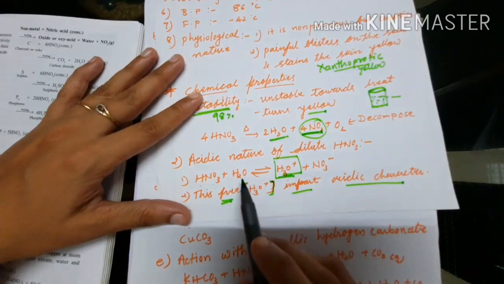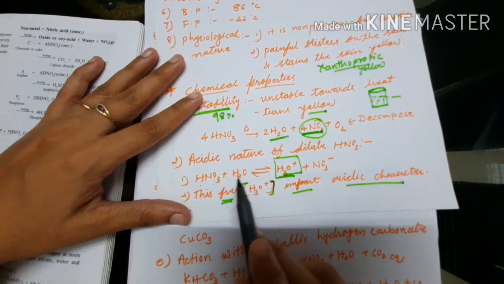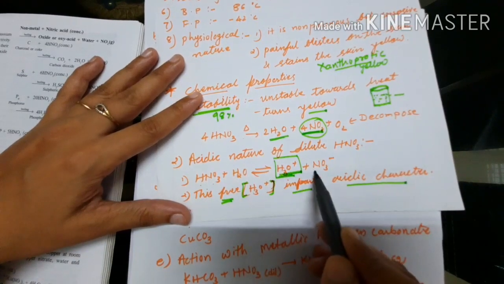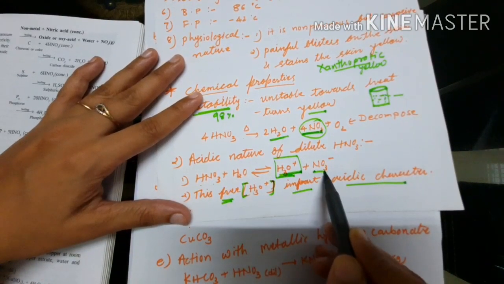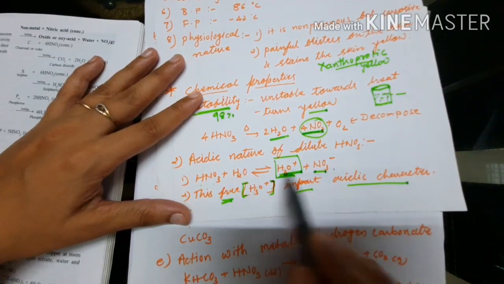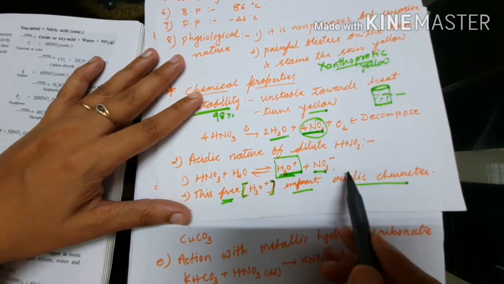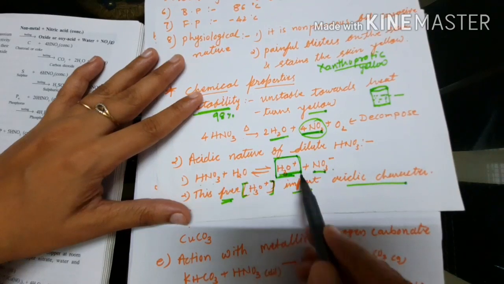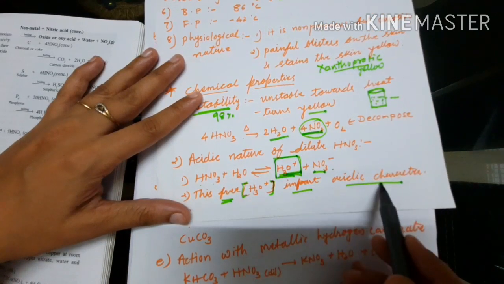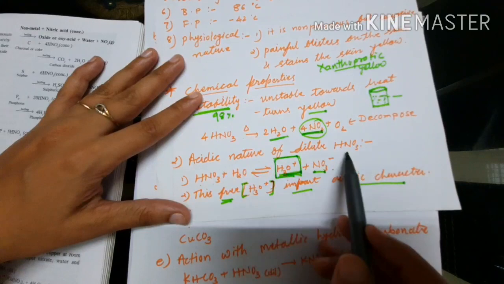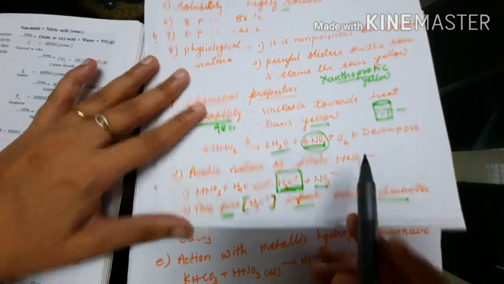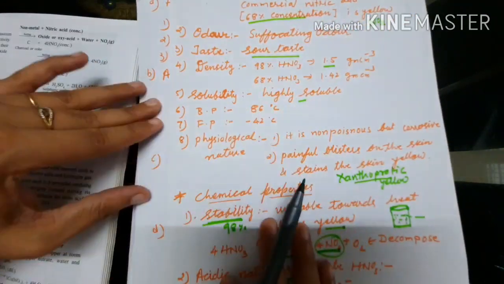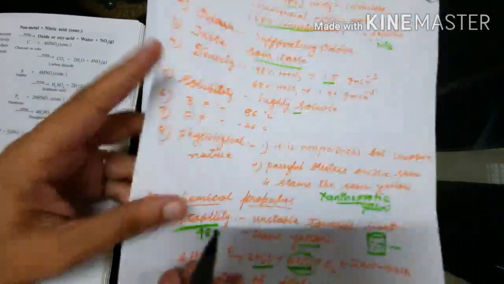Free, because when HNO3 dissolves into the water, this hydronium ion and the NO3 minus are both free to move in the water, and this hydronium ion imparts the acidic character. So we can say that HNO3 is acidic in nature. That's why its taste is sour. Okay, I hope you understand this thing.